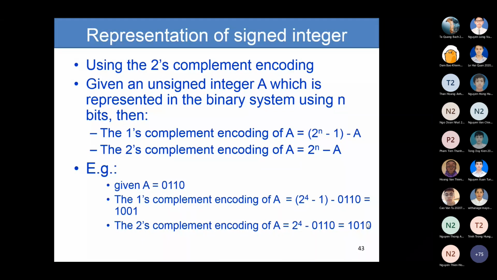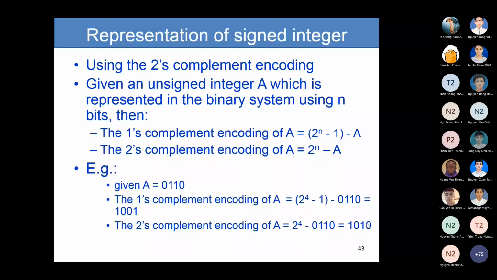And then we plus 1 to find the second complement encoding, and that will be the representation of the number minus A. So that is the algorithm.